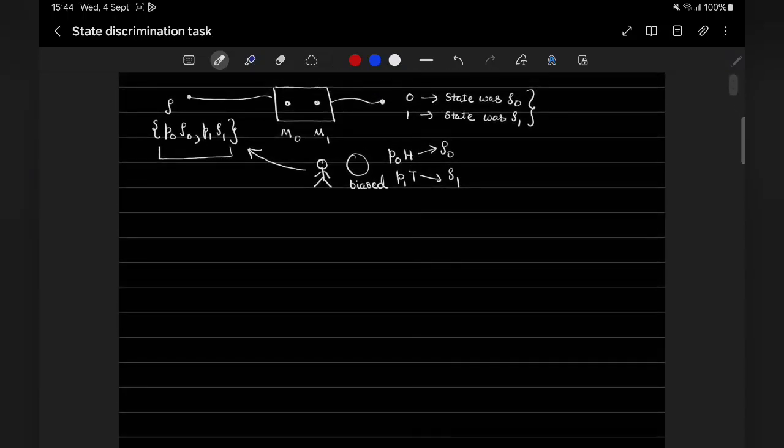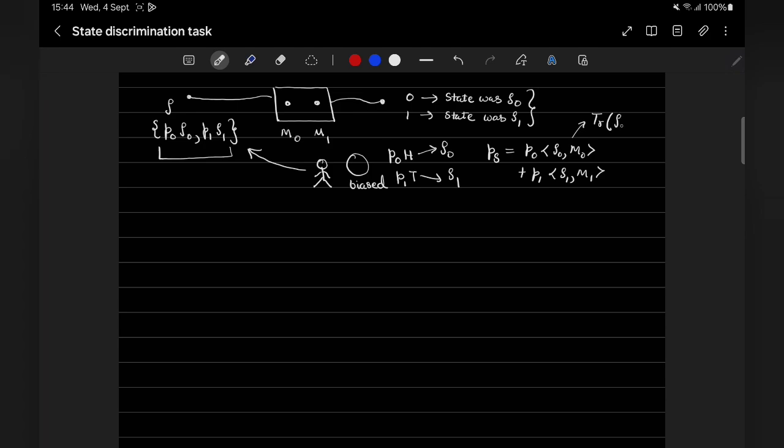This is the main setup, and now we have to calculate the success probability that we correctly get the prediction. This is given by P0 rho 0 with M0 plus P1 rho 1 with M1. This inner product is just the trace inner product or Hilbert-Schmidt inner product.